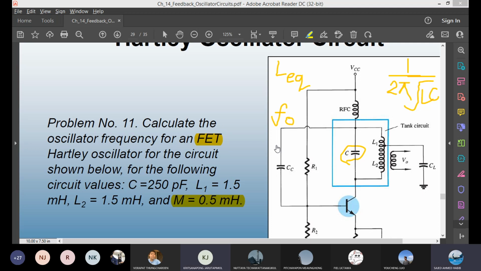I calculate the denominator first and then inverse it, because if you try to put it all in the calculator, you have to put so many brackets. 1 over 2 pi, and then I multiply, I have to put a bracket, times square root of 4 millihenry multiplied by 250 picofarad. Two brackets I have to put.